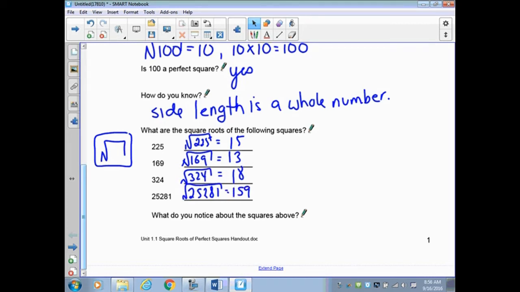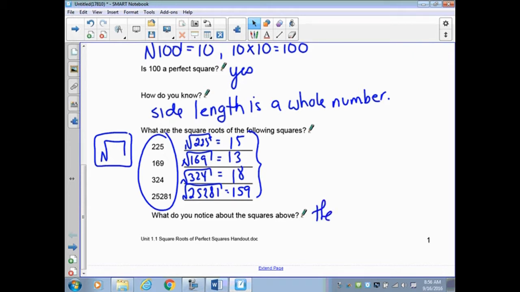What do you notice about all of these square roots? Well, you should notice that they're all whole numbers. Because they're all whole numbers, that means that all of these numbers right here are perfect squares.